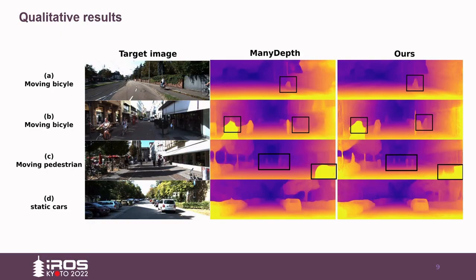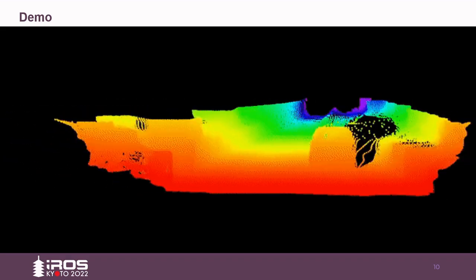As observed, our method has more consistent depth for moving objects than the baseline, and moreover, our method does not degenerate on static objects. We show also the generated point cloud across a sequence of images, and as observed, the depth is accurate and temporally consistent.